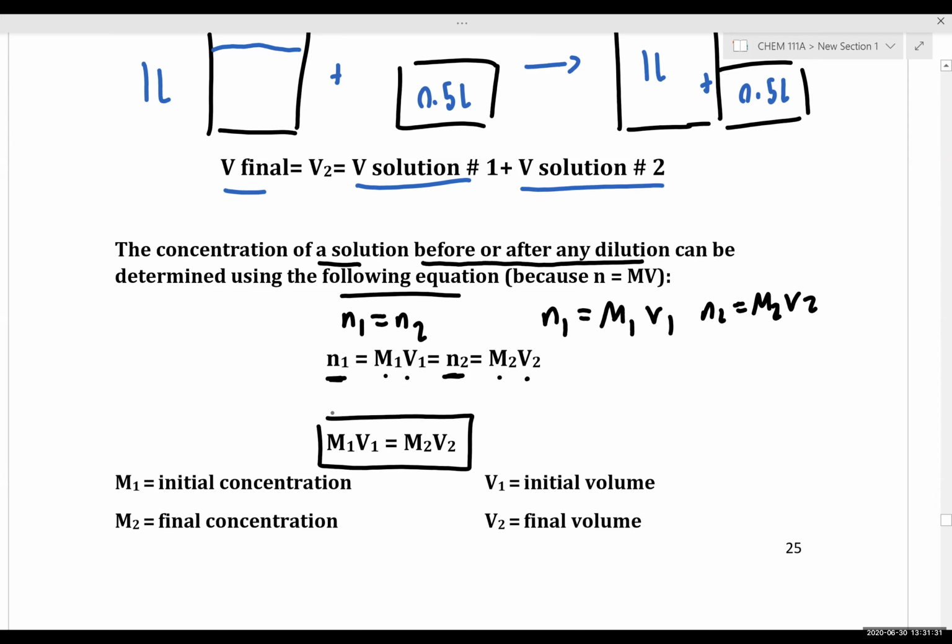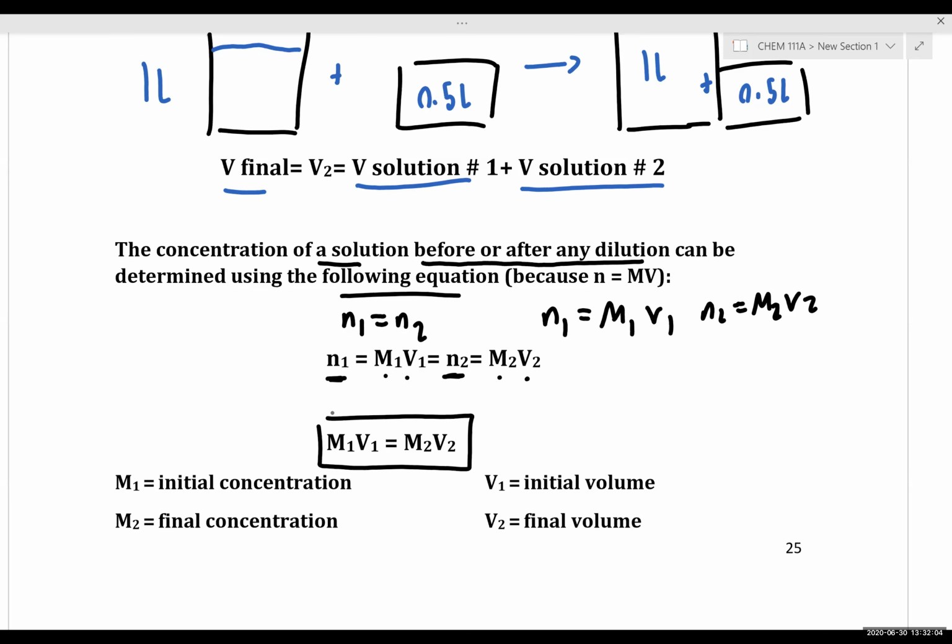From this expression, we can figure out the molarity of a solution, either before or after a dilution, and the volume of a solution before or after a dilution. And this only works because in a dilution, the number of moles does not change. Only the concentration and the volume of the solution change.